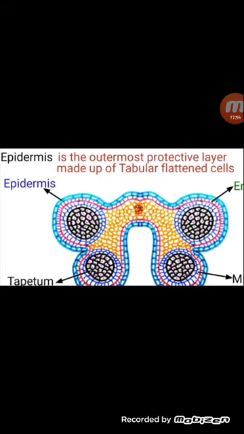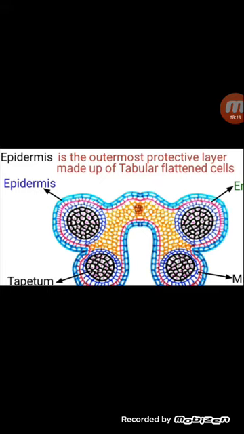Epidermis. It is the outermost protective layer made up of tabular flattened cells. Look at the outermost layer.